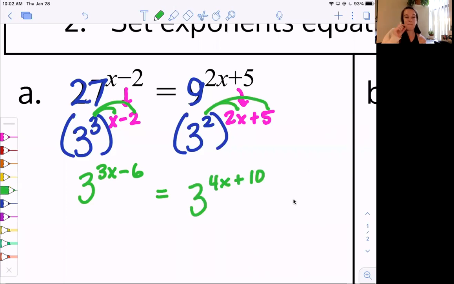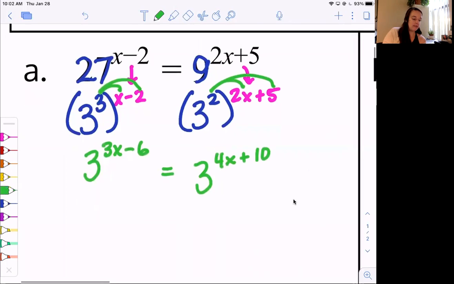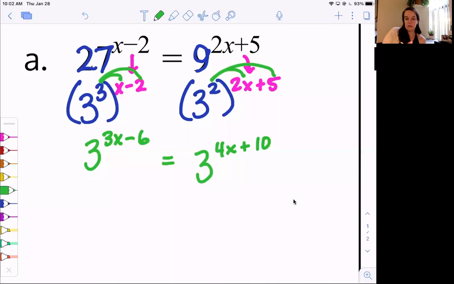Do we have the same base? Yeah, we do. What does that mean about the exponents? If we have the same base, the exponents would be equal to each other.